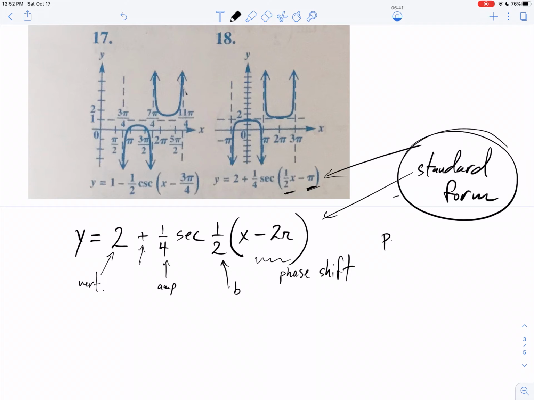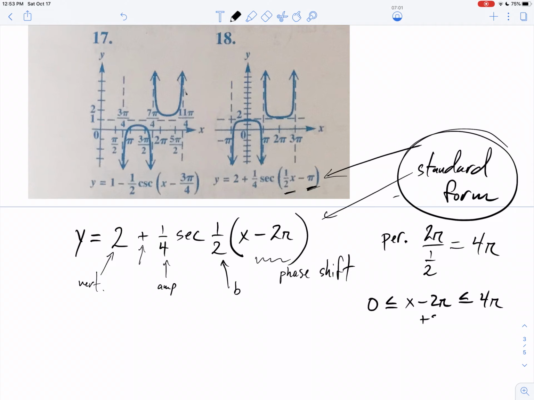So let's start with our period. That would be 2 pi divided by b. So this is a good old-fashioned 4 pi period. Normally this thing would start at 0 and end at 4 pi. But they have a phase shift in there.